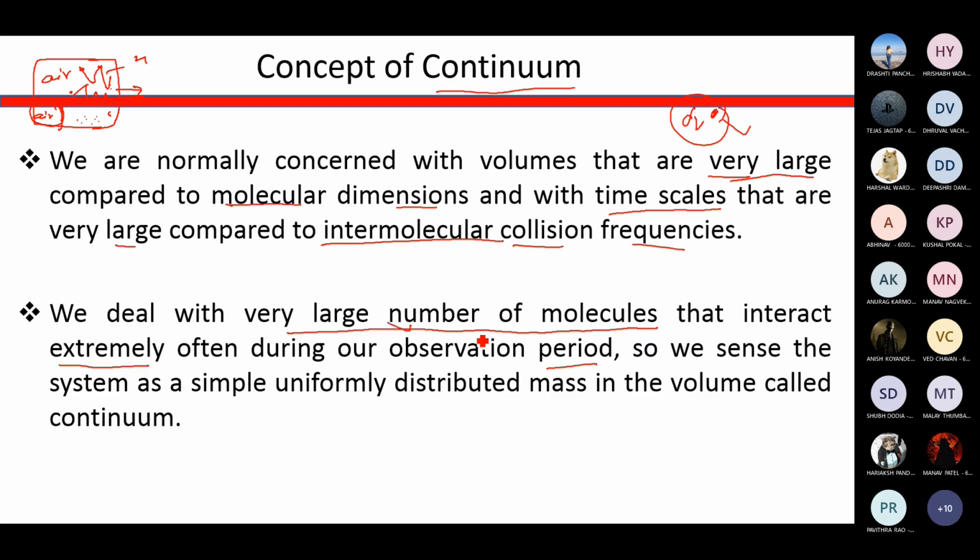Just to explain what we mean by a large number of molecules: the limiting volume we talked about, delta V dash, contains somewhere around 3 into 10 raised to 7 molecules in this small volume.